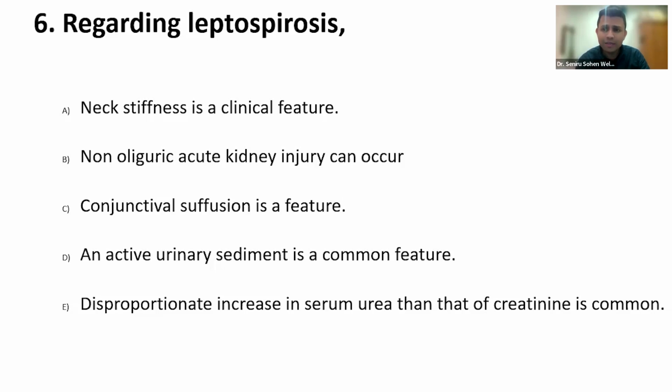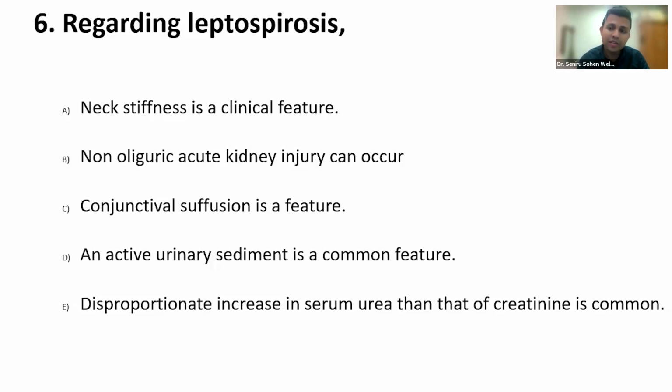Even in these anicteric patients, during the initial stages you may have headache, fever, arthralgia, myalgia, and then you have a significant conjunctival suffusion. Because of the low platelets, you can get spontaneous subconjunctival hemorrhages in leptospirosis.